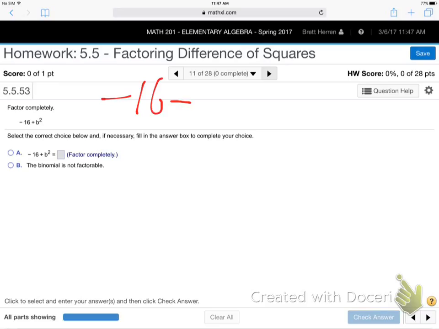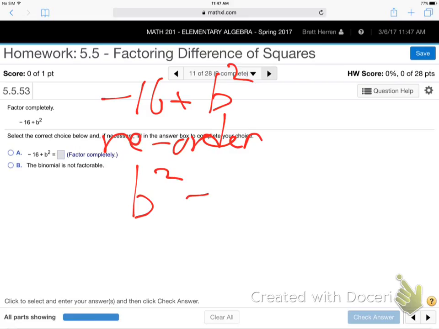Okay, minus 16 plus b squared. Reorder. Does that make sense? Say you have to reorder that one. Put the b squared in the front. Now can you finish it from there?